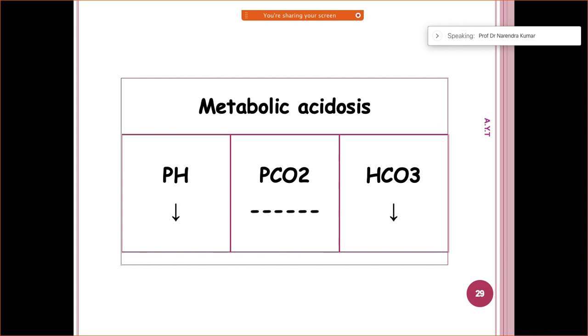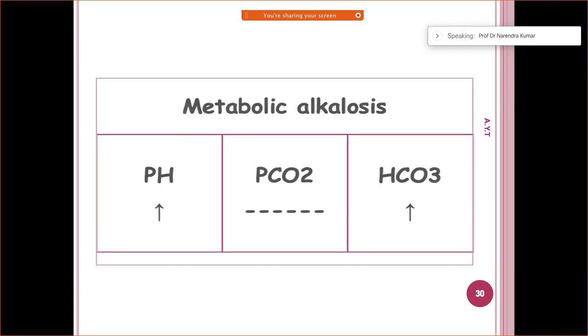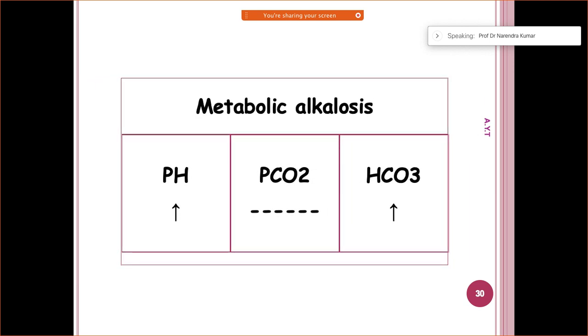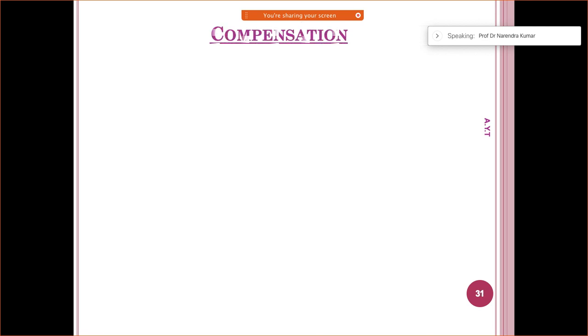Then when it comes to metabolic acidosis, similarly the pH is going to be lesser, but PCO2 is going to be normal. However, the bicarbonate is going to be down, and that's why it will be metabolic. Now metabolic alkalosis: the pH is going to be more alkalotic, PCO2 unaffected, and the metabolic component, which is determined by the bicarbonate, is going to be elevated.